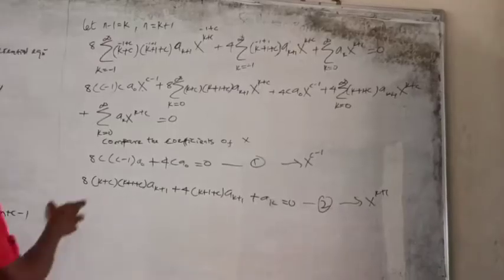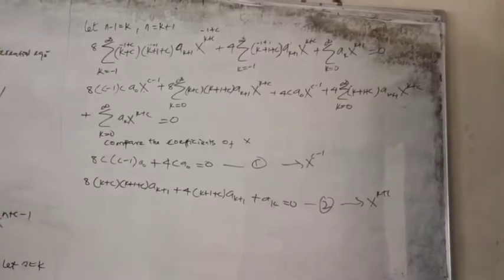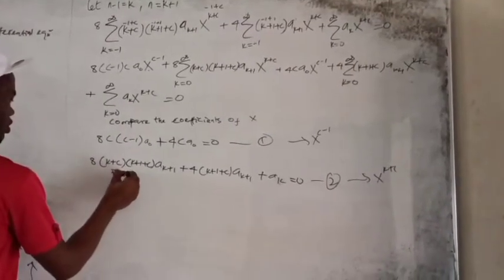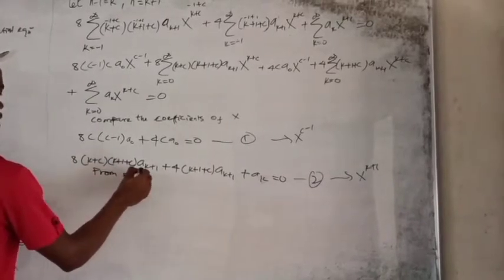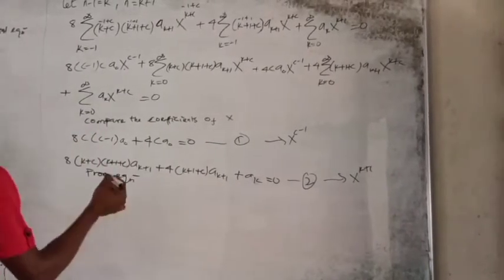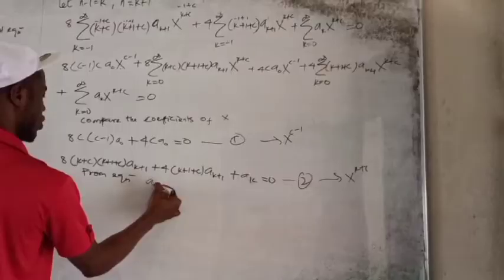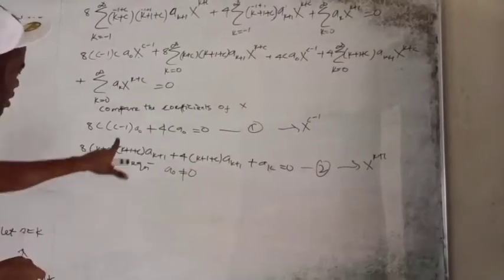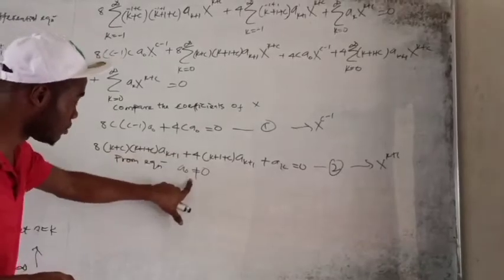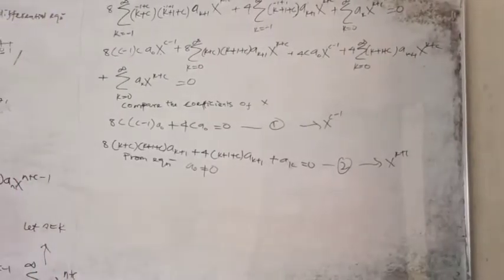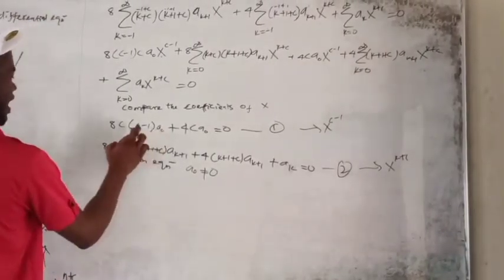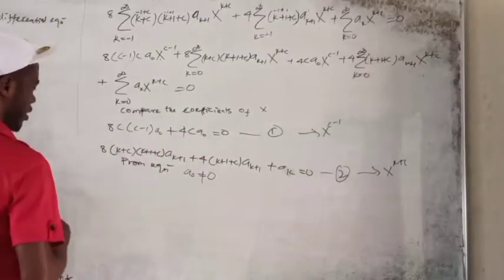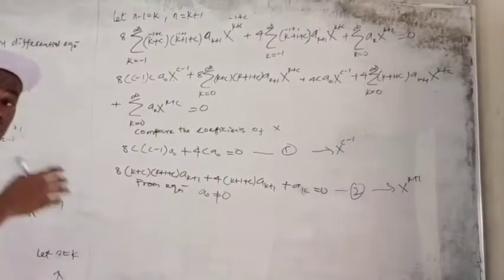So from equation 1, from my first equation, I want you to know that a naught is not equal to 0. Just note that from here, a naught can never be equal to 0. So since I have a naught here and a naught here, I can decide to factor out a naught.